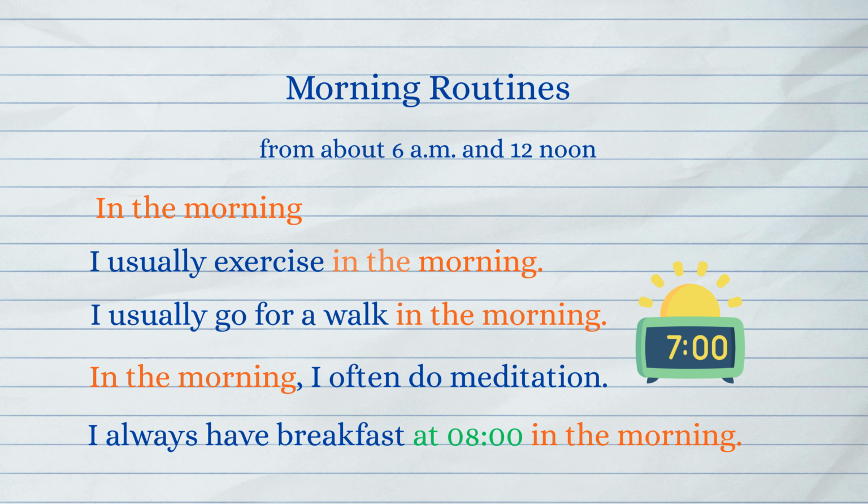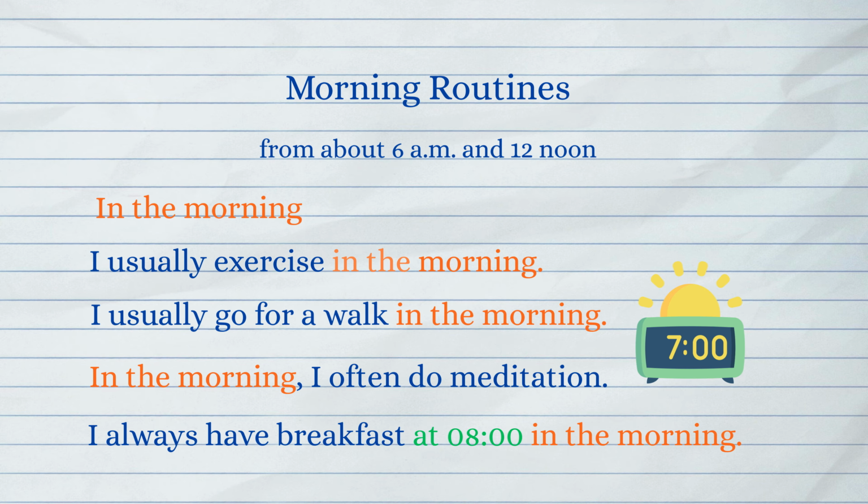Let's start with the morning. We use in the morning to talk about activities between about 6 a.m. and 12 noon. For example, I usually exercise in the morning, or I usually go for a walk in the morning.